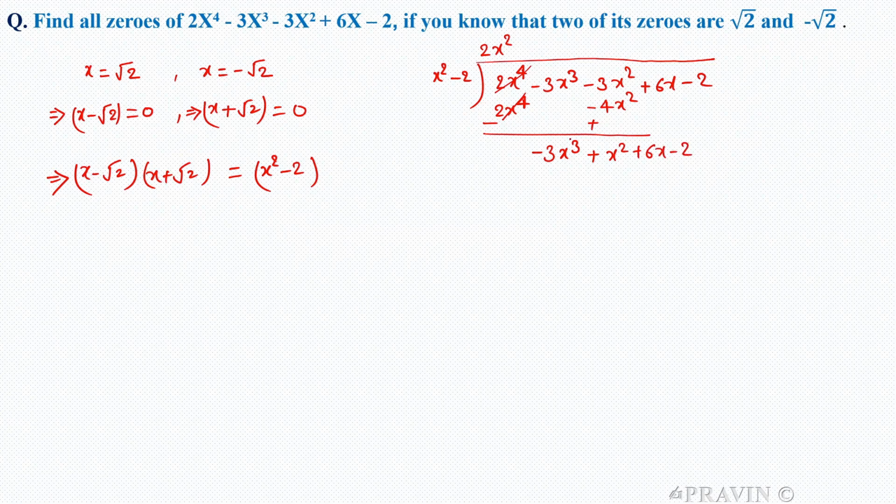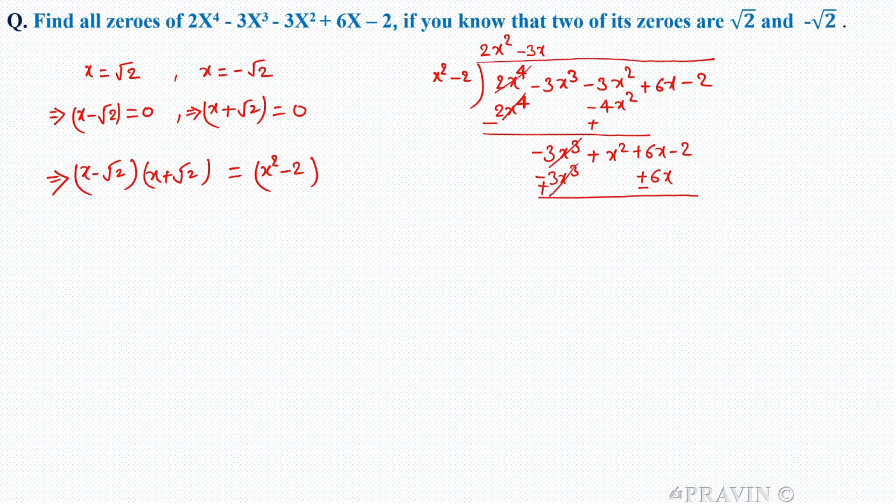Again you have to eliminate this first term. For that you have to divide it by minus 3x, and here you will get minus 3x cube and plus 6x. So you will write here 6x. For subtracting, just change the sign, minus, and this will be plus.